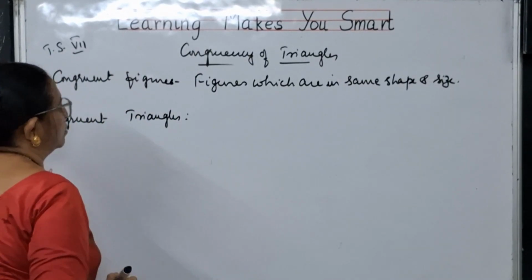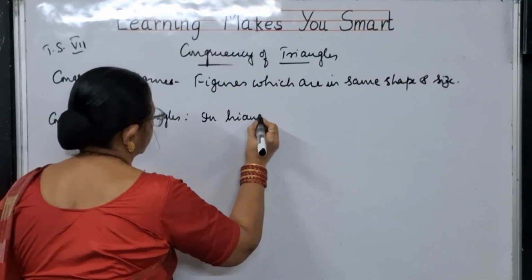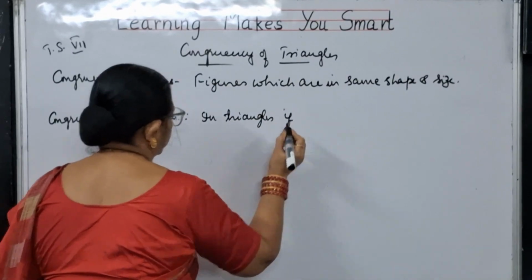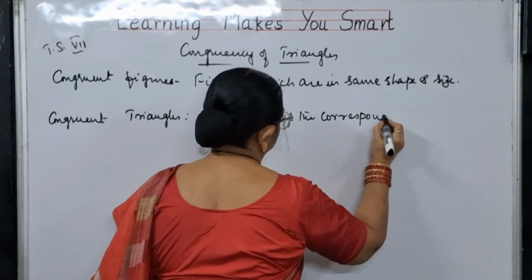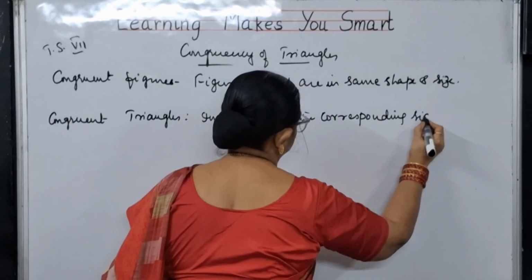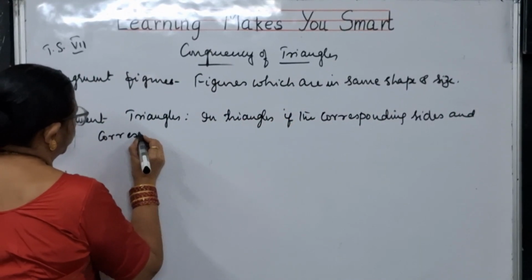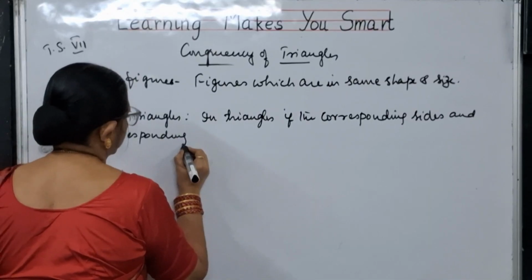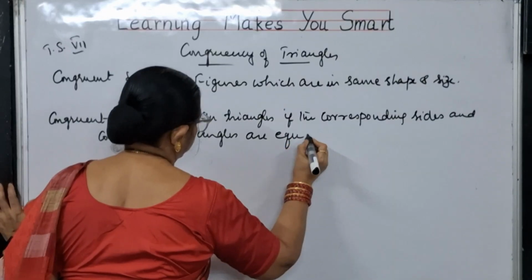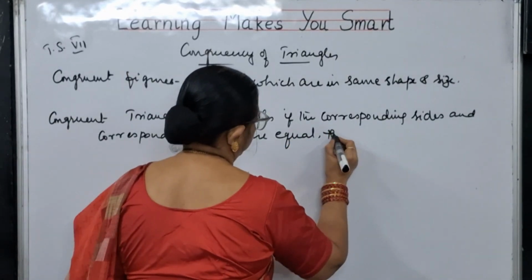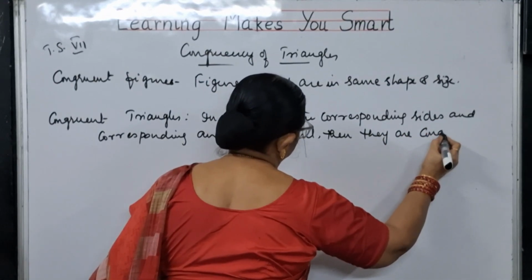Congruent triangles means what? In triangles, if the corresponding sides and corresponding angles are equal, then they are congruent.